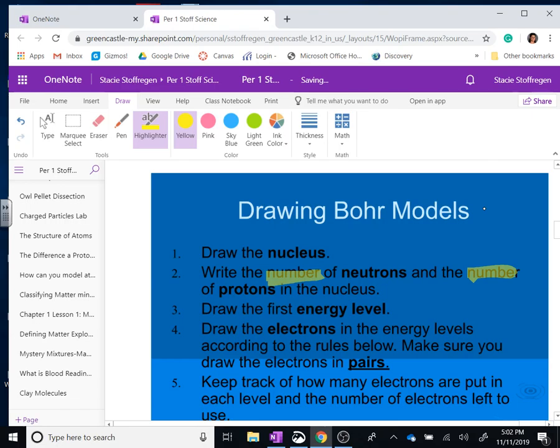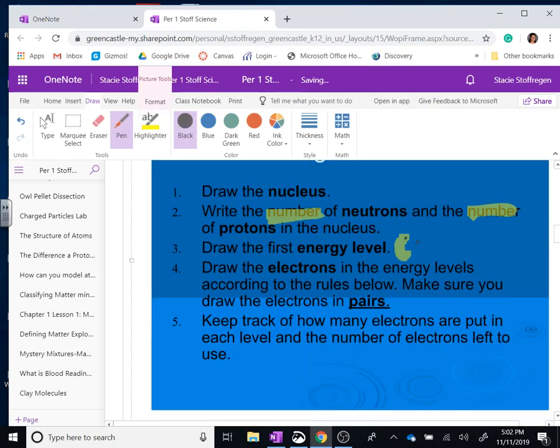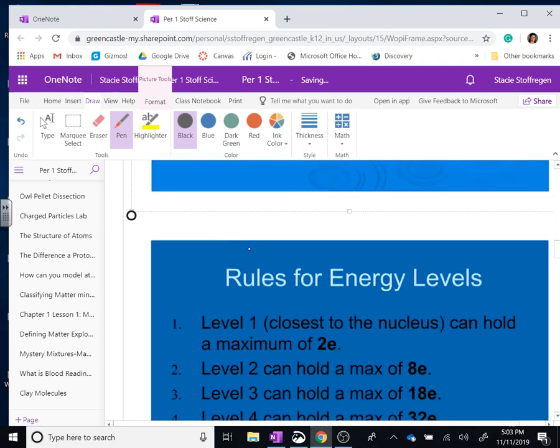You'll draw the first energy level, which holds a certain number of electrons, and in that first energy level we know that the number of electrons that it holds is 2. And make sure we draw these electrons in pairs. And we make sure we keep track of electrons that are put in each level, and then we are able to add those up. So this will start making sense after we do a few of these together.